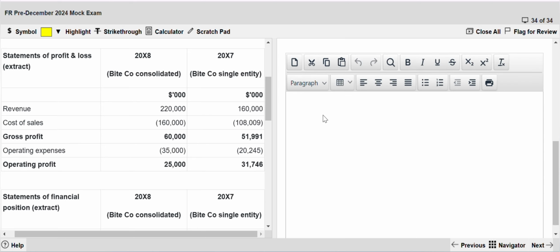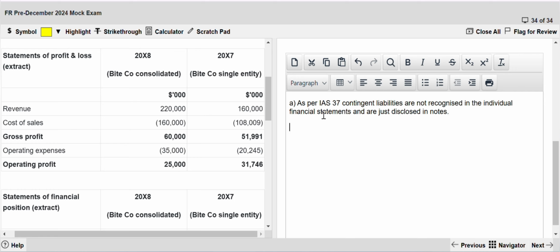Okay, so first and foremost, let's write about the provisions. Okay, so A. As per IAS 37, writing the name and number is not compulsory. Contingent liabilities are not recognized in individual financial statements and are just disclosed in notes.